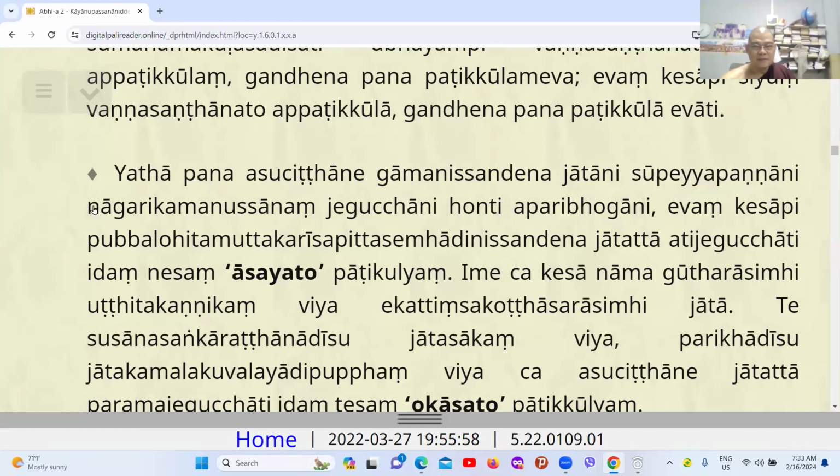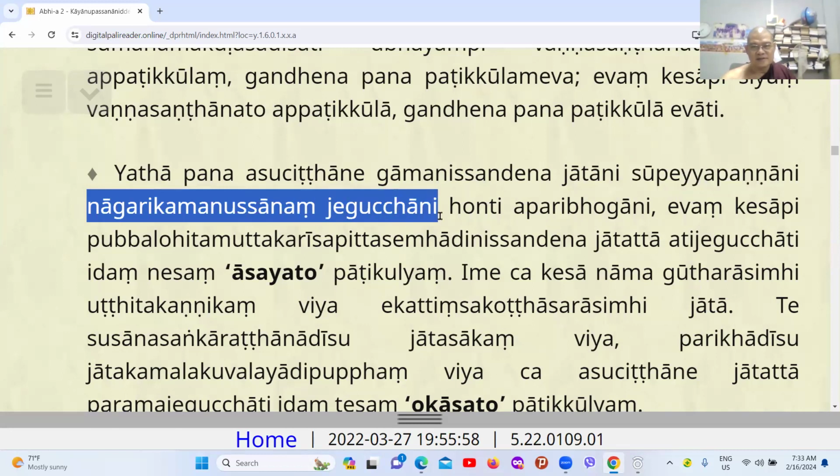Nagrika Manosana Jikuchani Hundi. Such kinds of leaves are disgusting to the city people. At that time, the city people did not eat such leaves. But nowadays they use the pieces of human beings, pigs and animals as fertilizer, so those leaves may grow there.